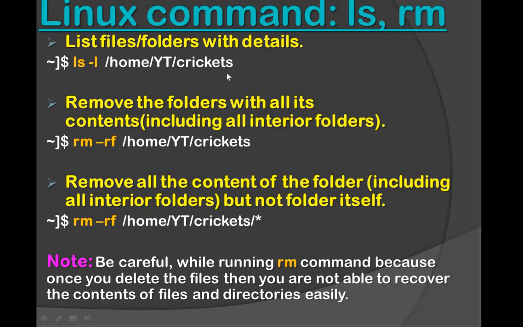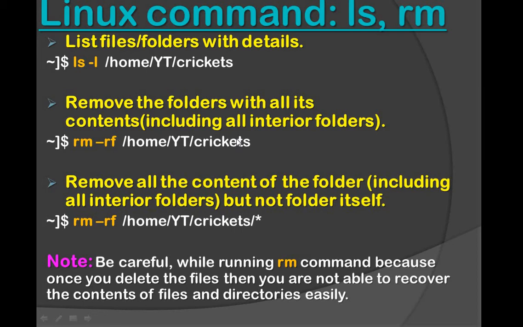All these things will list with files and folder details. So let's see the next things: how we remove the folder with all its content. How we remove the folder with all its content, including all interior folders. Suppose that we want to remove a folder and we want to remove all its content, file, folder, all things we want to remove of a folder.